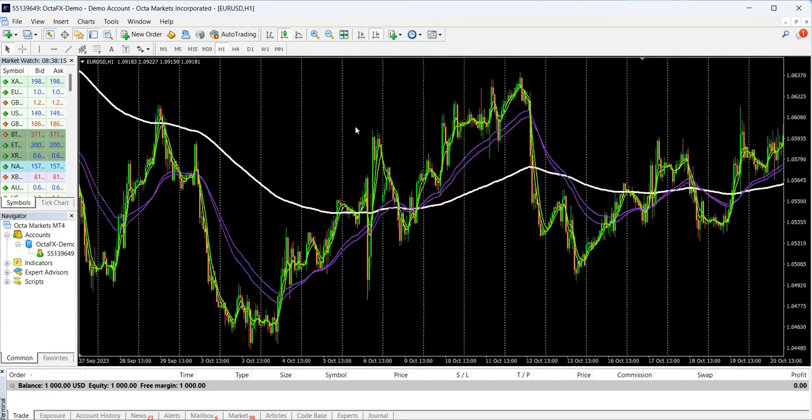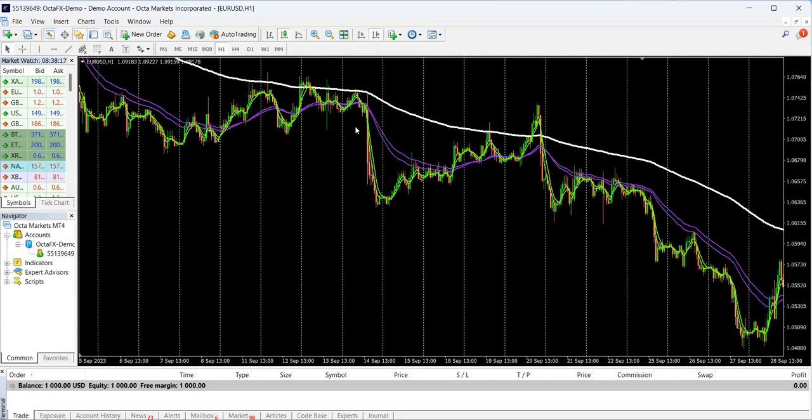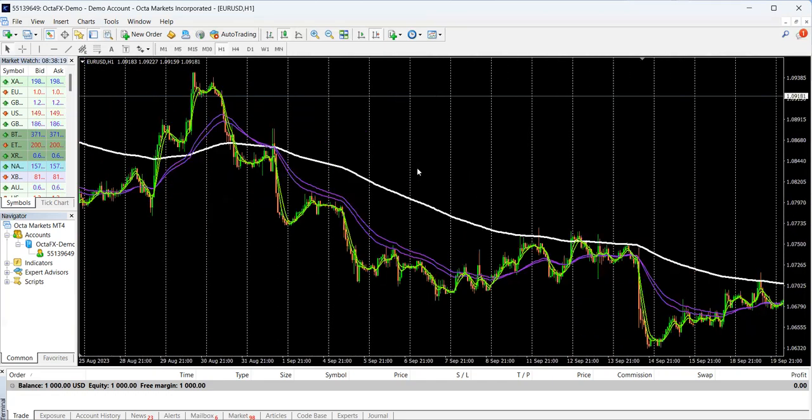So this is an example that I'm going to show you. I'm looking at this linear with the green line here. Remember, it's a linear moving average, 5 and 8, and this violet color is the linear moving average 38 and 48.